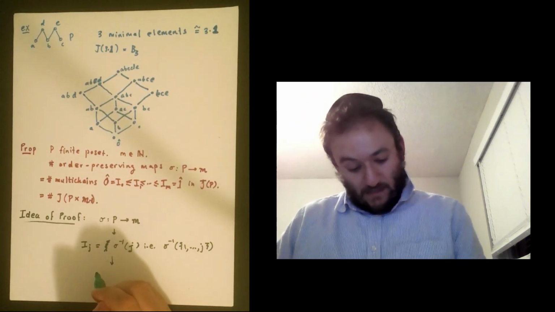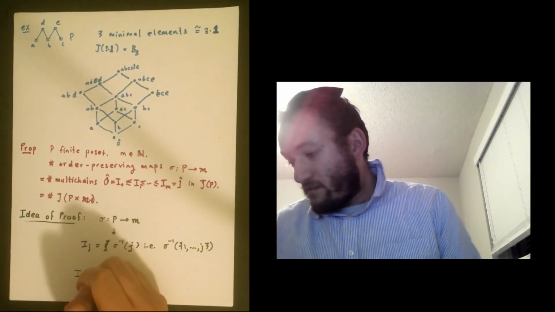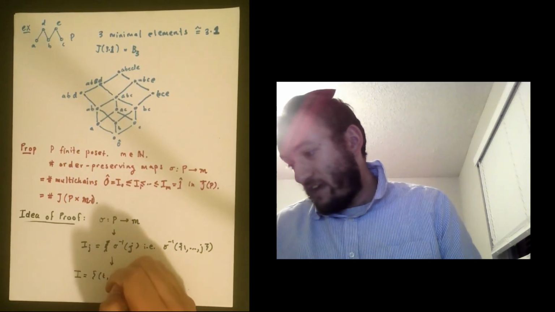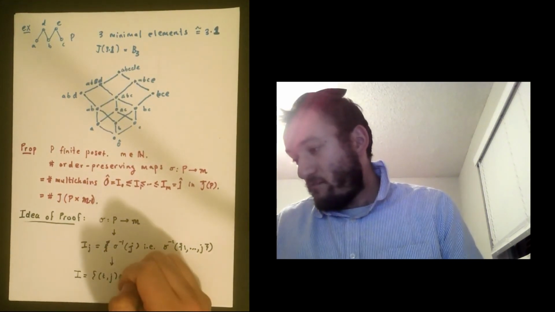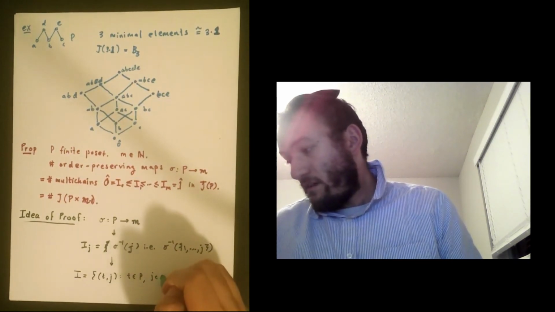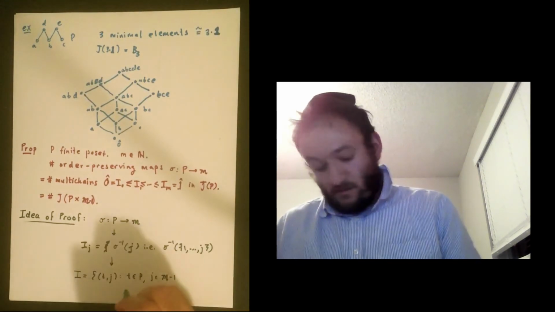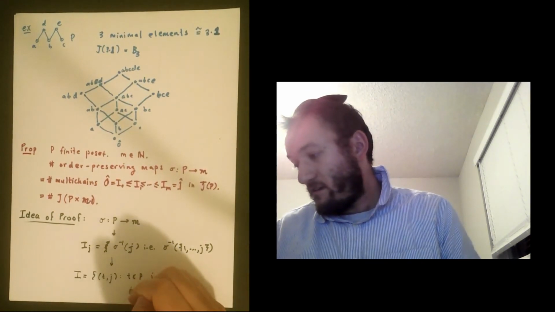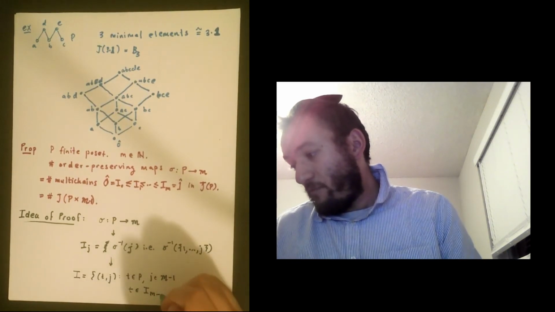And the way that that happens is that you send it to the order ideal given by the set of pairs (t, j). This is an ordered pair where t is in P and j is in M minus 1. The way that these two get paired up is if t is in I sub M minus j.